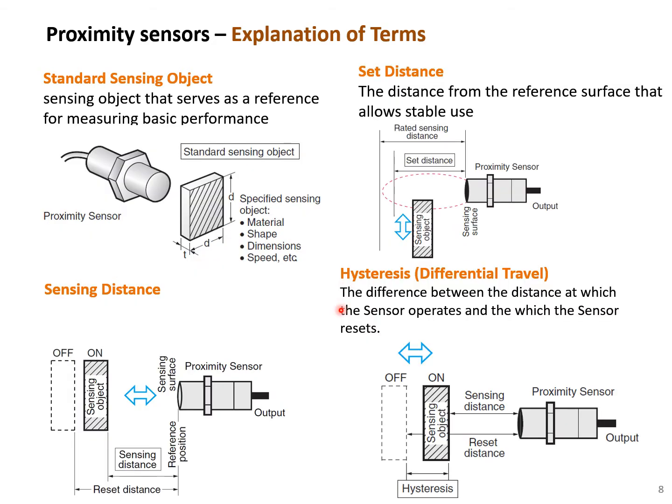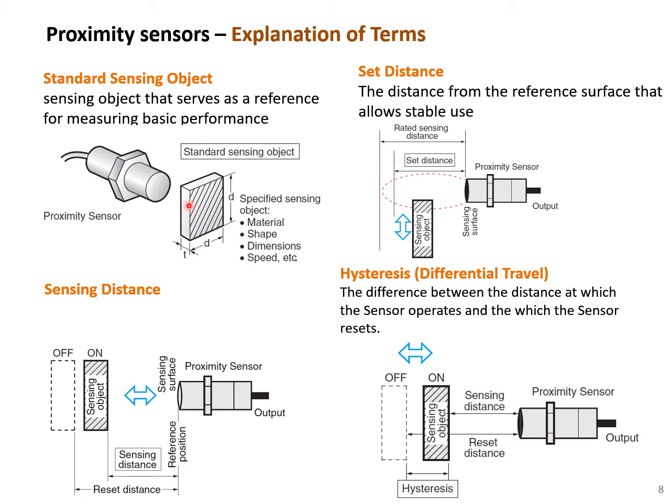Okay, so let's go through an explanation of some terms for proximity sensors. We have a standard sensing object, which is a sensing object that serves as a reference for measuring basic performance.